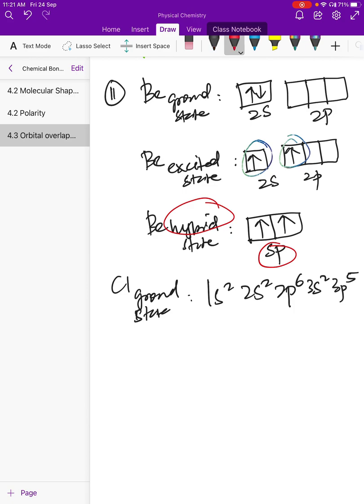So we check the valence configuration and you look at the 3p, 1, 2, 3, 4, 5. So students can observe there is an unpaired electron at the last orbital, the last box. This unpaired electron will be used for the sigma bonding with the central atom beryllium.